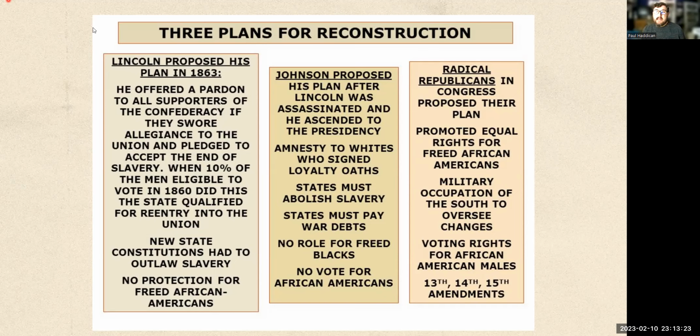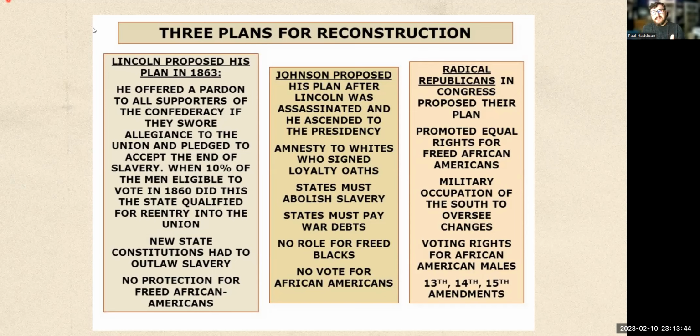It won't last for long because they'll get tired of funding it, but they start it. They try to get it going. They will pass those three Reconstruction amendments and guarantee those voting rights for African American males, but they start a military occupation of the South.